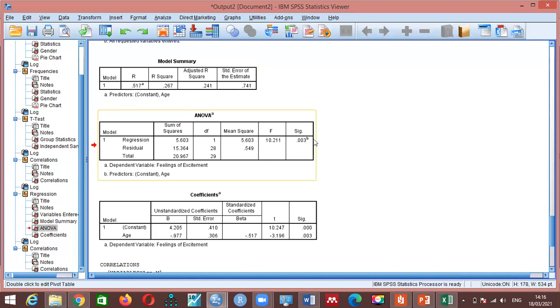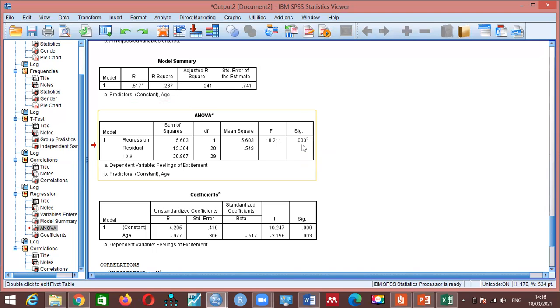The null hypothesis here states that age does not have a significant effect on feelings of excitement, while the alternative hypothesis states that age has a significant effect on feelings of excitement. So here it tells us it is smaller than 0.05. We reject the null hypothesis, and then we conclude that age has a significant effect on the feelings of excitement.